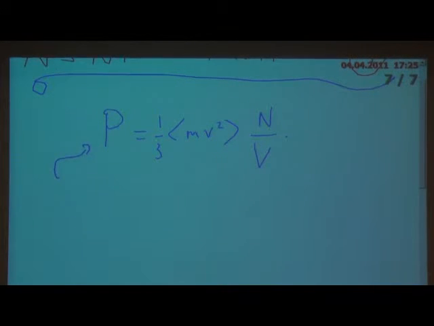Pressure is a positive quantity. All gases push outwards, positive quantity. Of course, the number per unit volume is a positive quantity. This is also positive. And the average kinetic energy, because of the V square, is also. Everything here is positive, right? As numbers.